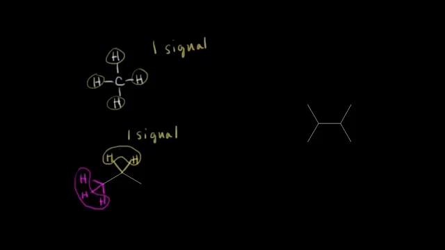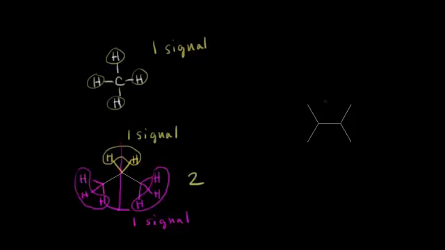But for a molecule like this, you need to think about symmetry. If I draw a line right here, it's easy to see that these 3 protons are in the same environment as these. So really, we have 6 protons in the same environment. These 6 protons are chemically equivalent, and we would expect to see one signal for all 6. So for propane, we would expect to see a total of 2 signals.